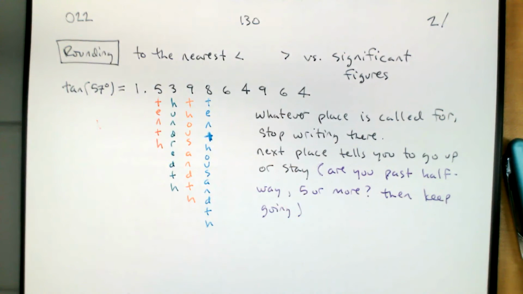Past halfway means the next digit is a 5 or more. If the next digit is a 5 or more, you are past halfway and you keep on going.